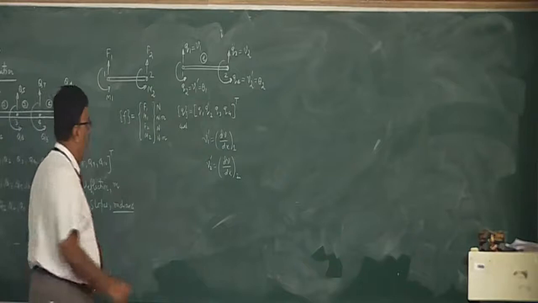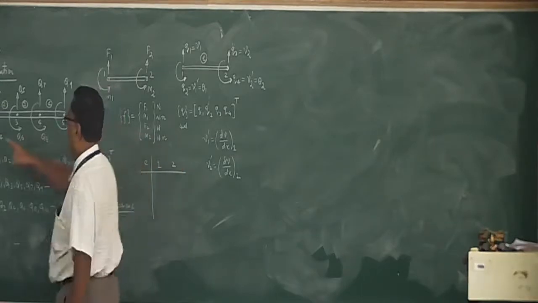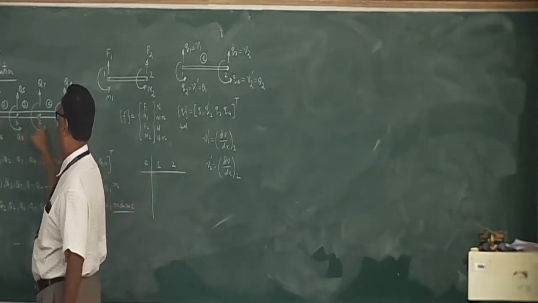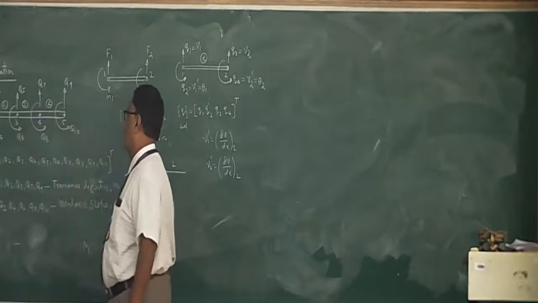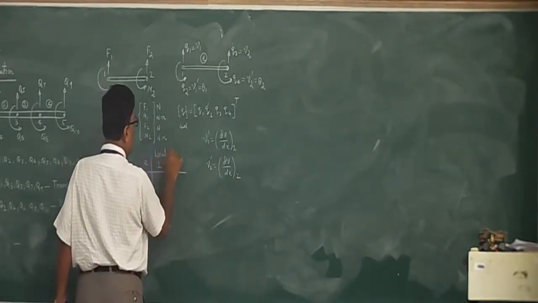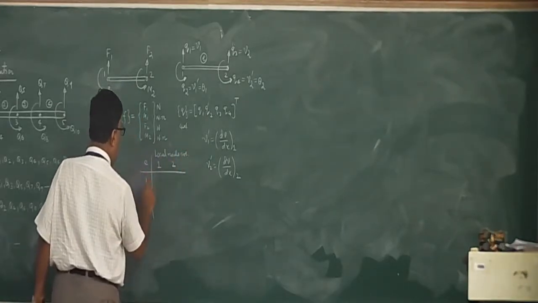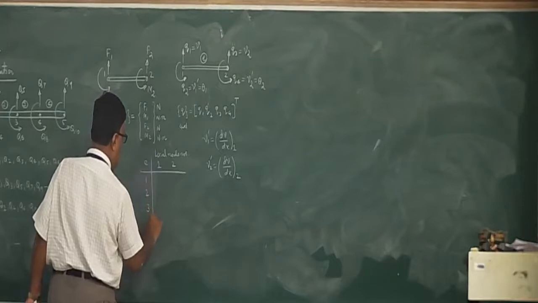So if I want to connect the mapping, for example if you look at this figure, the local nodes are 1 and 2, for every element: 1, 2, 1, 2, like that. These are the local node numbers. And there are totally 4 elements in your case.